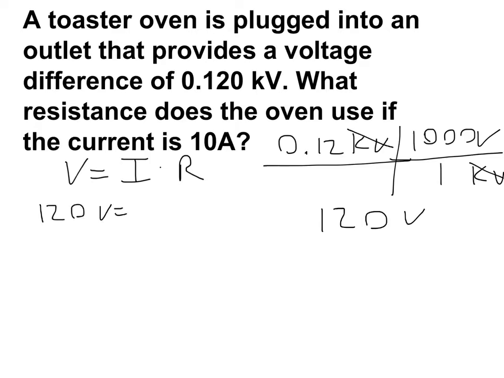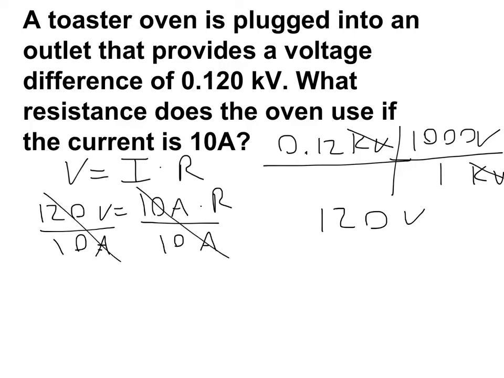So that's the number I'm going to put over here now. 120 volts is equal to our current of 10 amps times resistance. Divide each side by 10 amps. Resistance is equal to 12 ohms.